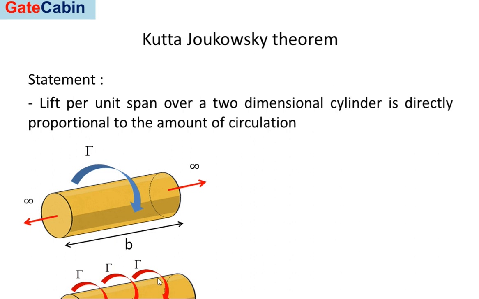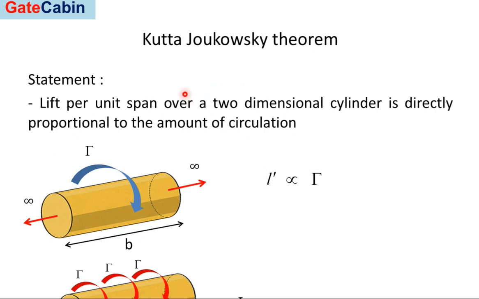So when we calculate over this entire span length, the total circulation would be represented like this. Lift per unit span means the total lift which is generated, when we divide it by the total span length or total length of the object, it will be called lift per unit span.